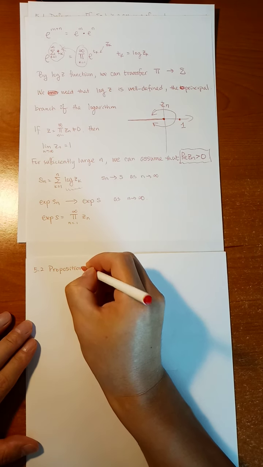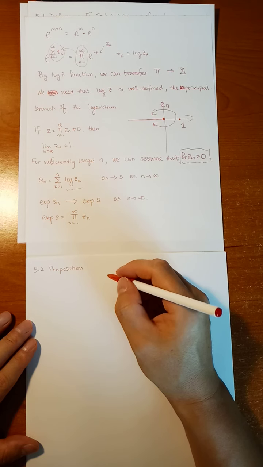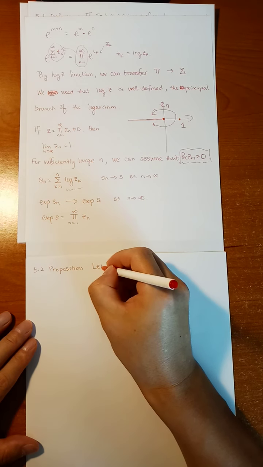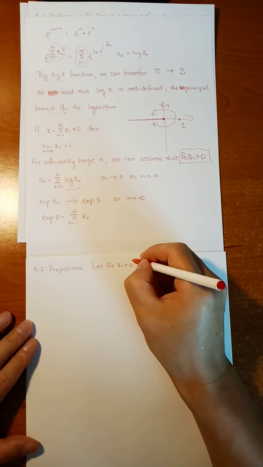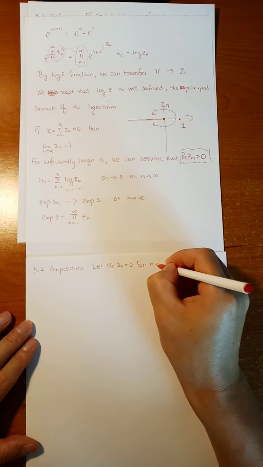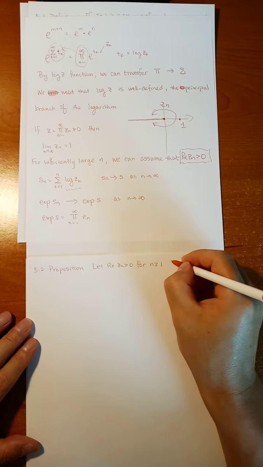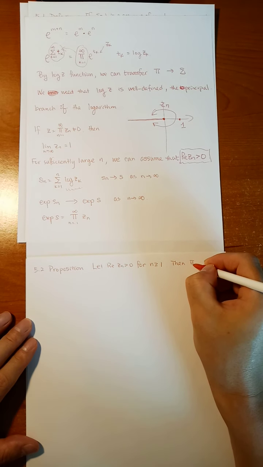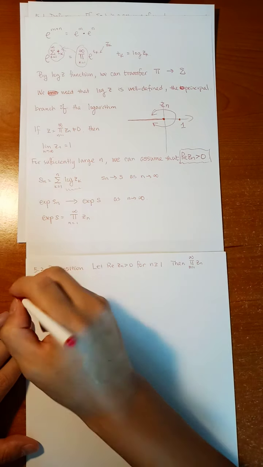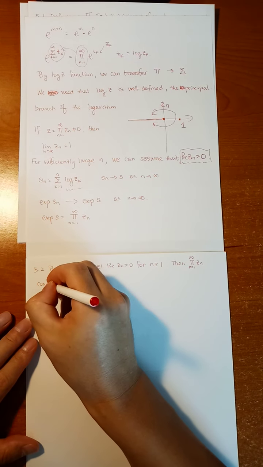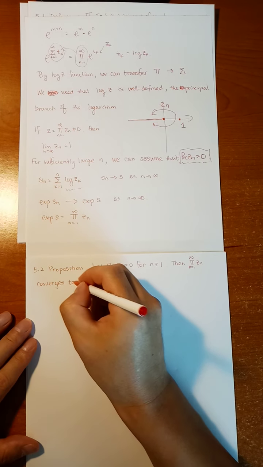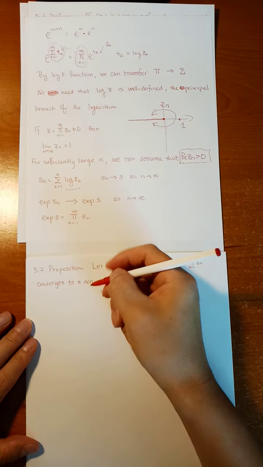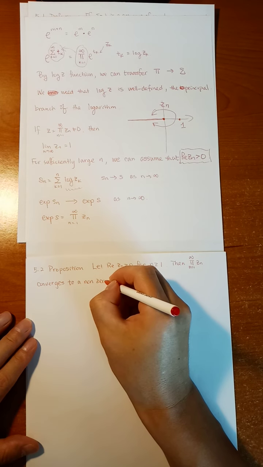We have Proposition 5.2. Let the real part of Z sub n be greater than 0 for all n greater than or equal to 1. Then the infinite product of Z sub n from 1 to infinity converges to a non-zero number.